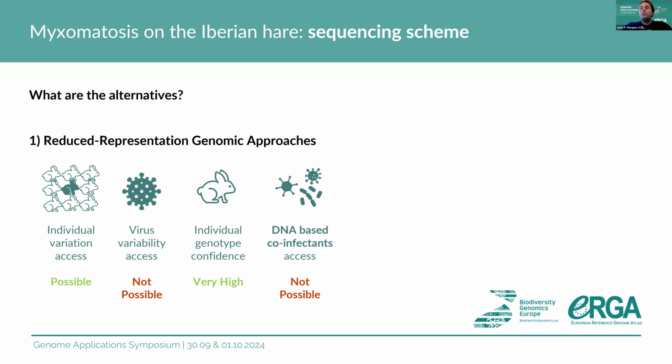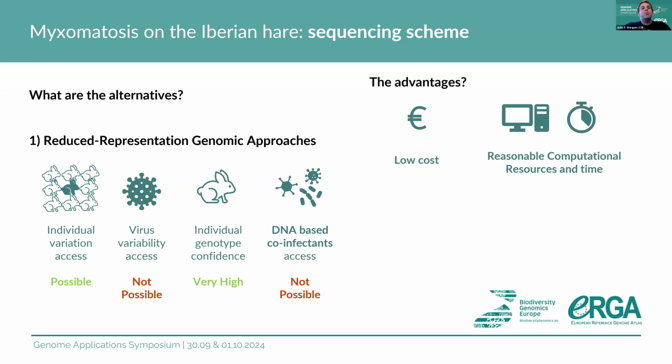And as we saw in Gábor's talk, one alternative could be a reduced representation genomic approach, although this will not enable us to access viral and DNA-based co-infectants, and would also not enable us to do a genome scan analysis, so analyze all parts of the genome.